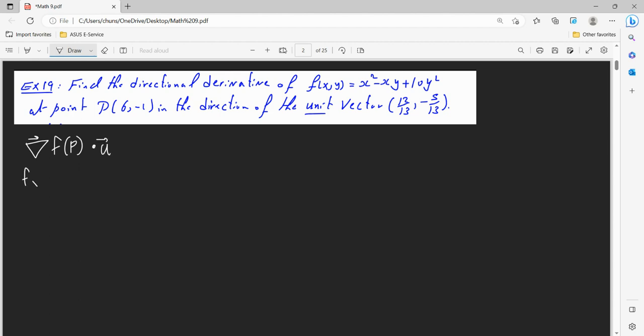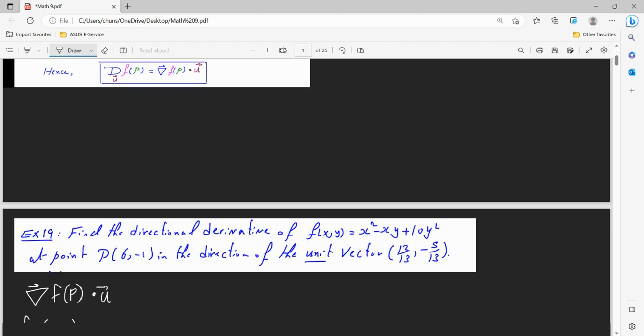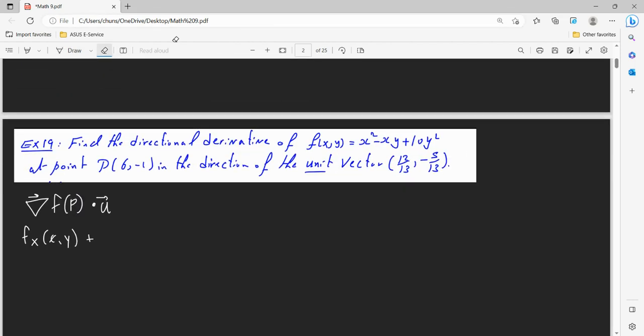We only have two variables here, so we only need to take two partial derivatives, with respect to x and y, and then dot product our unit vector, which is given to us as 12 over 13, then negative 5 over 13. So this one should be nice and easy. So let's get to it.